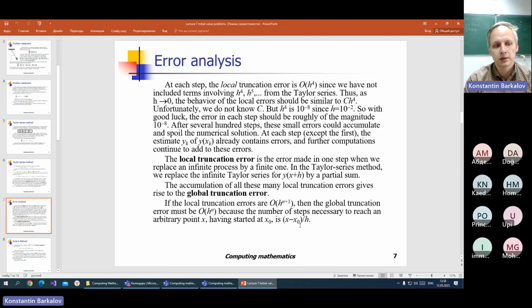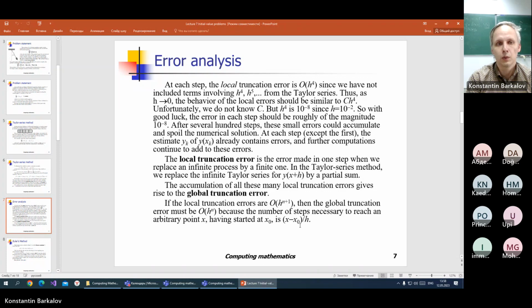At each step, the local truncation error is of order h to the power 4, since we have not included terms involving h to the power 4 and h to the power 5 from the Taylor series.